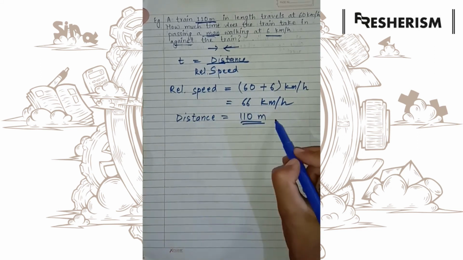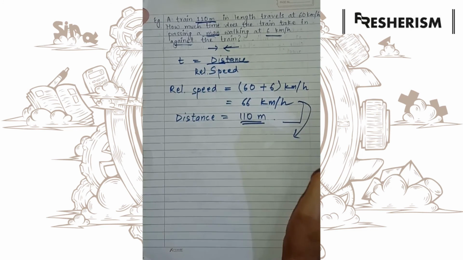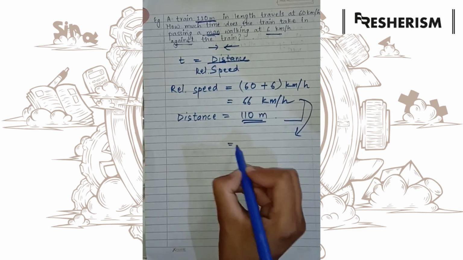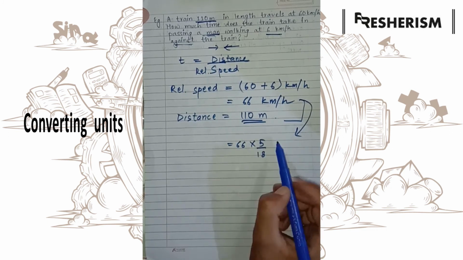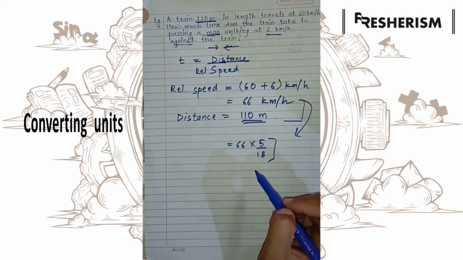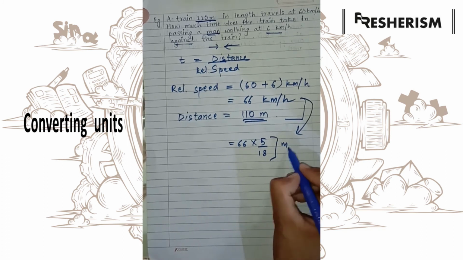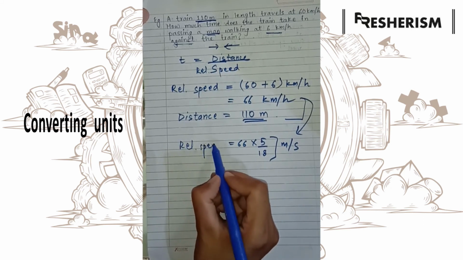Again, we have to convert either one of the units. So converting the relative speed, this will be equal to 66 into 5 by 18. We can take it as it is and cut the numbers in the final step as well. So this will be in meter per second. This is the relative speed in meter per second.